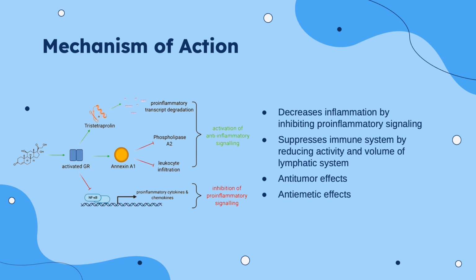It suppresses the immune system by reducing activity and volume of the lymphatic system, and at high doses it can even suppress adrenal function. Anti-tumor effects may be related to inhibition of glucose transport, phosphorylation, or induction of cell death in immature lymphocytes. Antiemetic effects are thought to occur due to a blockade of cerebral innervation of the emetic center via inhibition of prostaglandin synthesis.